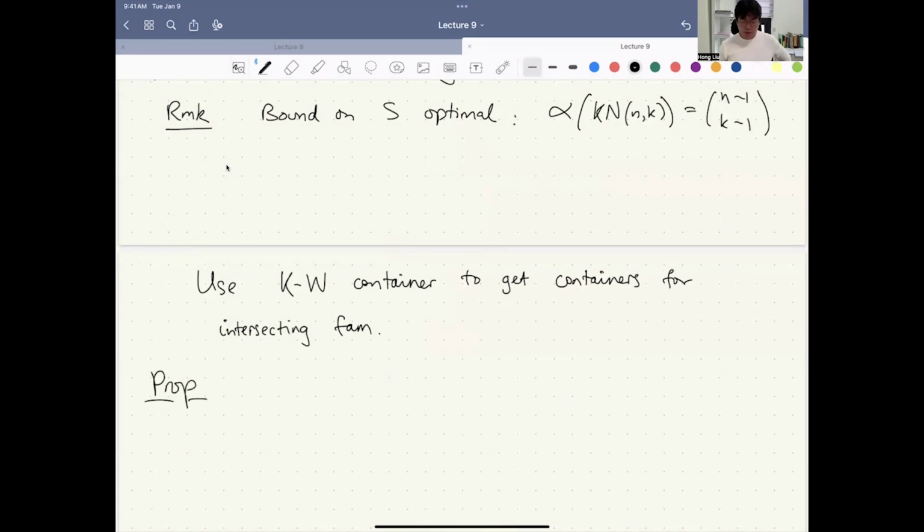Proposition. Here's how we choose the parameters capital R, little q, beta, and so on, for epsilon bigger than 0, k at least 2, n at least 2k plus 1.